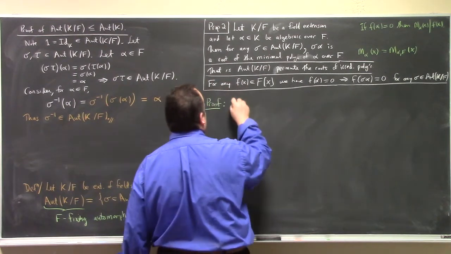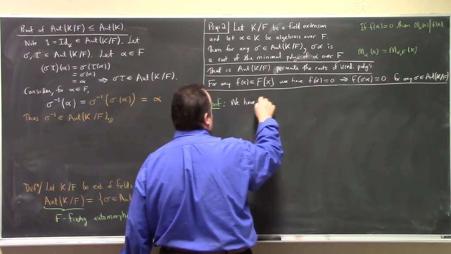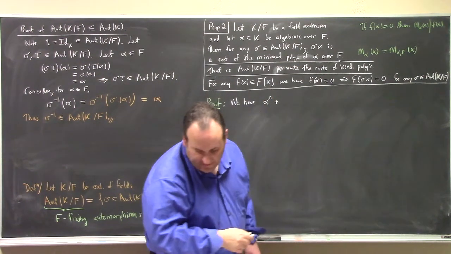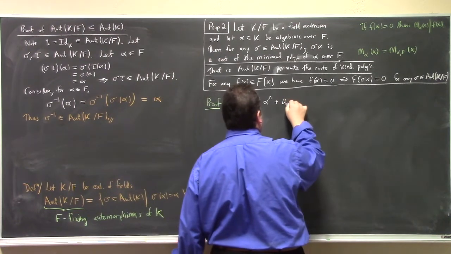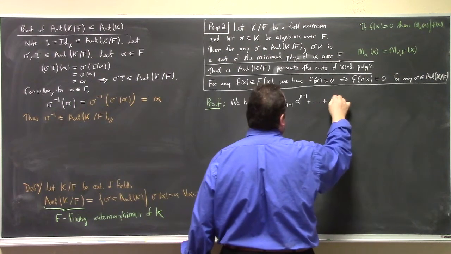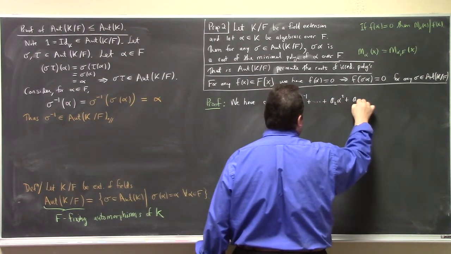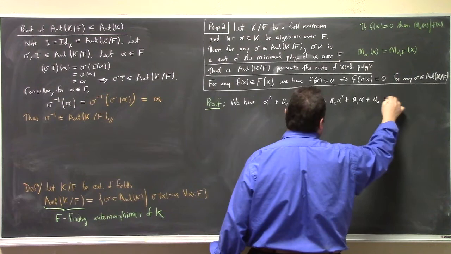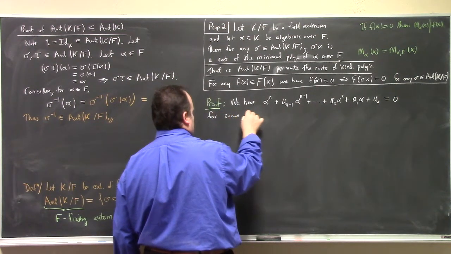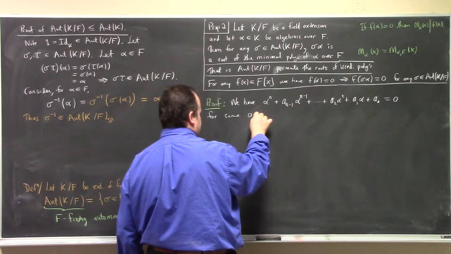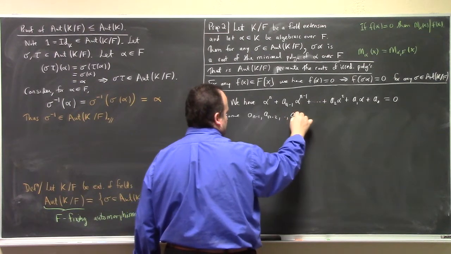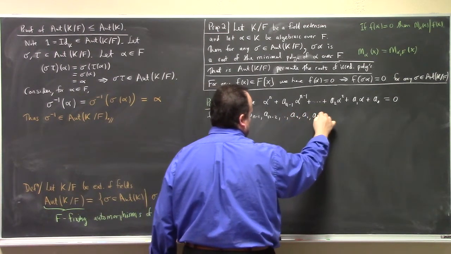We have alpha to the n plus a sub n minus 1 alpha to the n minus 1 plus ... plus a2 alpha squared plus a1 alpha plus a0 equals 0 for some selection of coefficients in f.